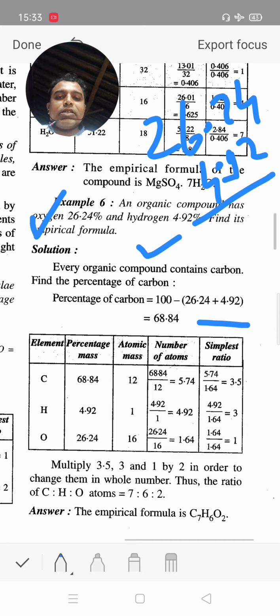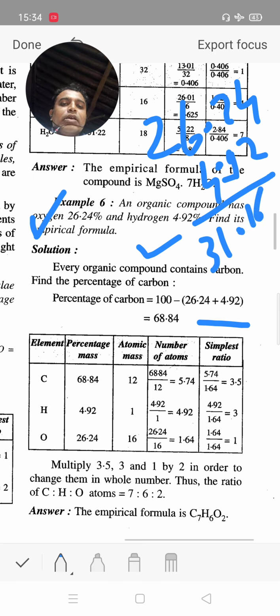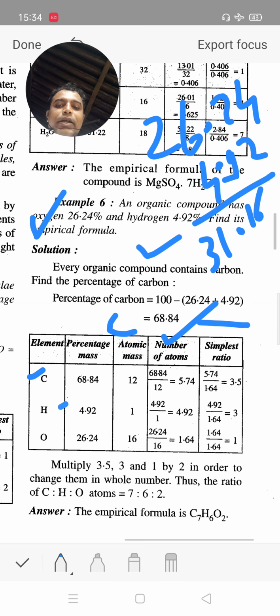Its total is 31.16%. Then 100 minus 31.16%, we get the carbon percentage, about 68.84%.